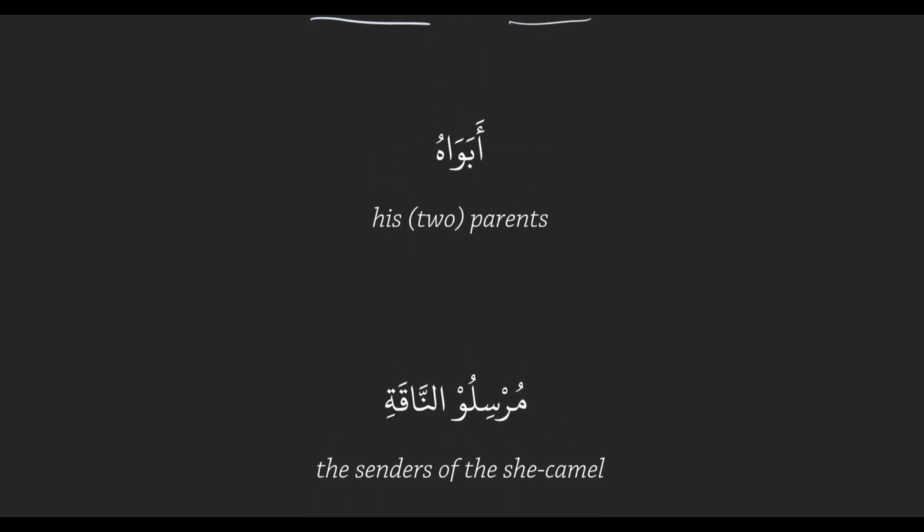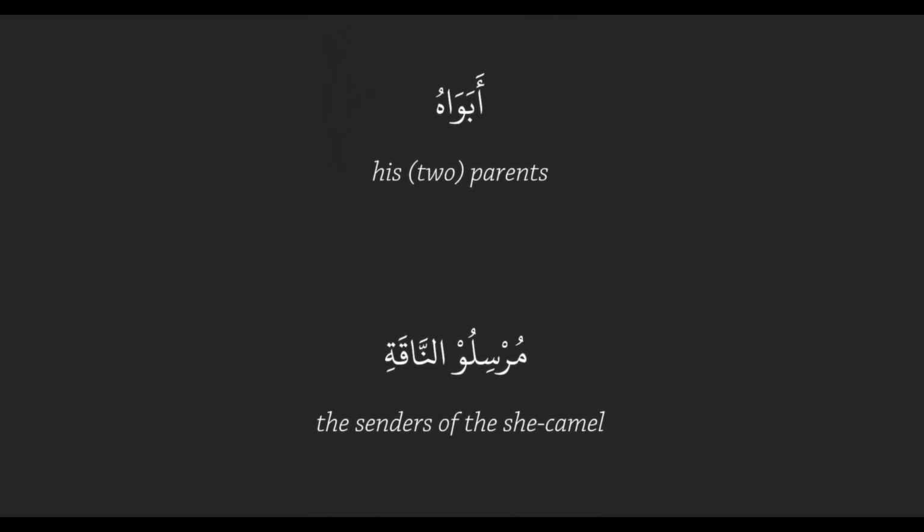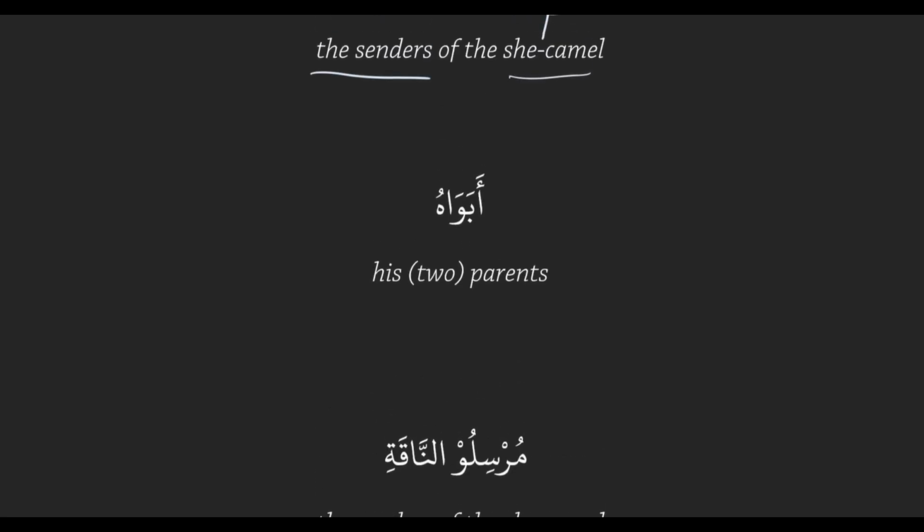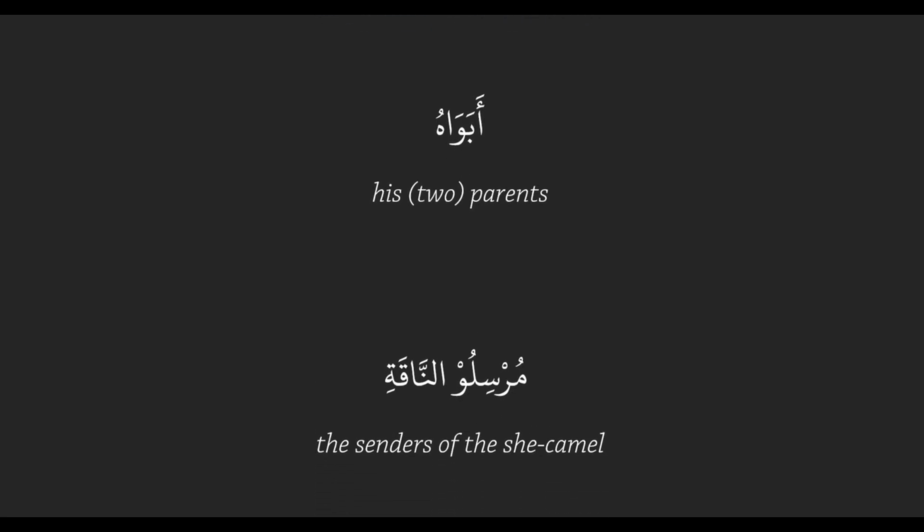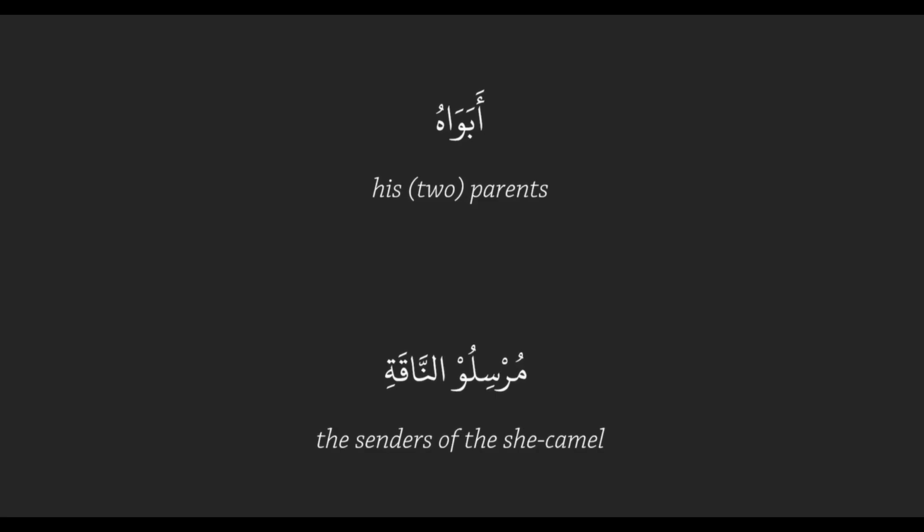I understand the process and I see the noon dropping, but my worry is that if someone just gave me abawahu, I wouldn't be able to work backwards and figure out there was a noon there. Once the noon is gone, how do you know there was a noon in the first place?